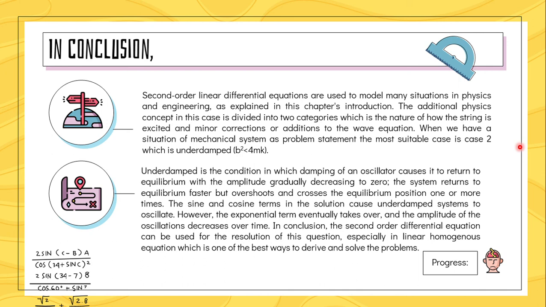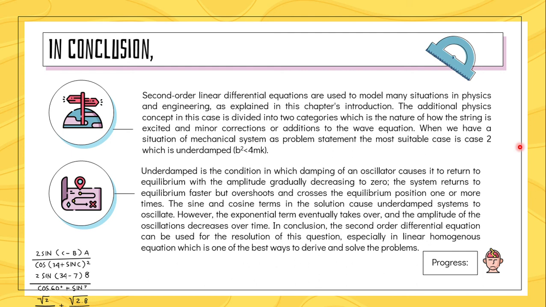Underdamped is a condition in which damping of an oscillator causes it to return to equilibrium with the amplitude gradually decreasing to 0. The system returns to equilibrium faster but overshoots and crosses the equilibrium position one or more times. The sine and cosine terms in the solution cause the underdamped system to oscillate.